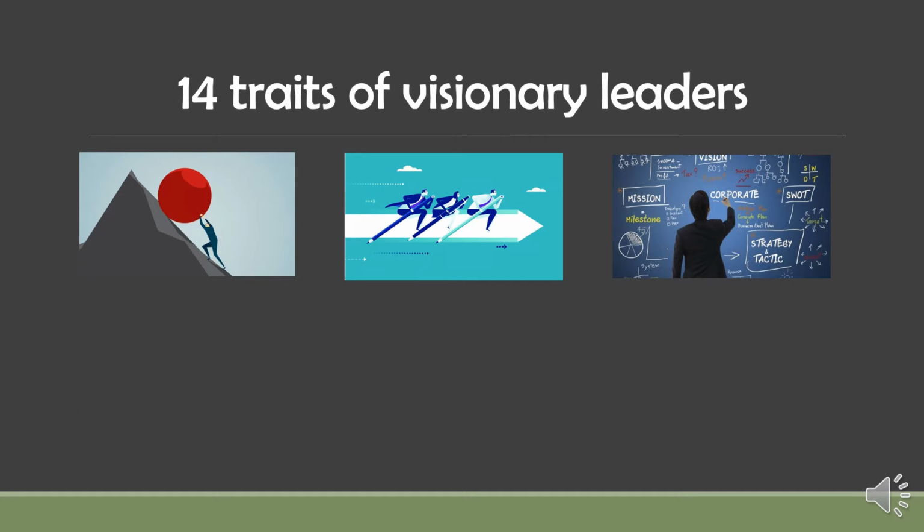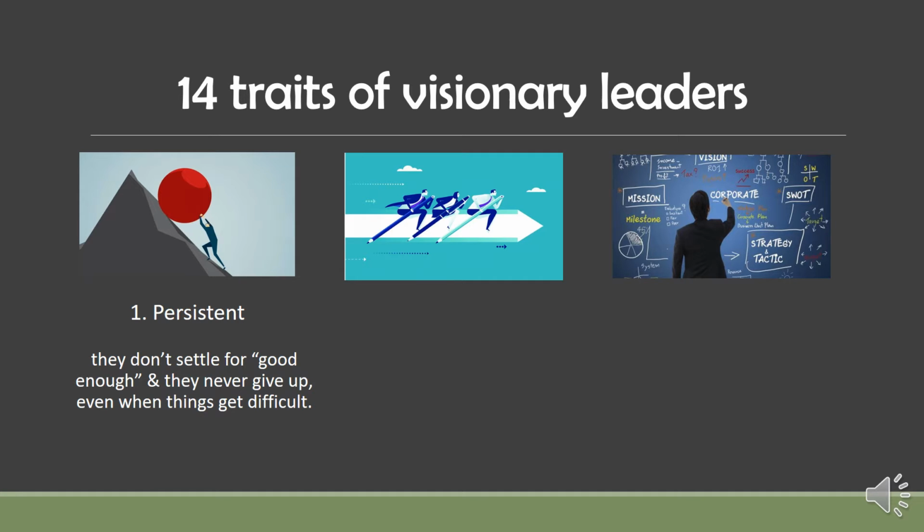So here are the 14 traits of visionary leaders. First is persistent. They don't settle for good enough and they never give up even when things get difficult. Visionary leaders want to find new opportunities, so this trait shows that they are resilient and resolute.